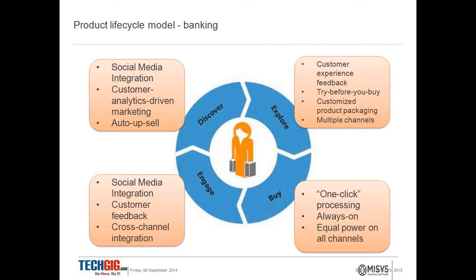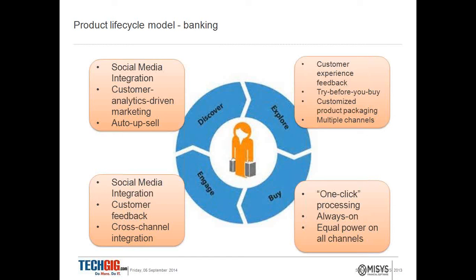For example, some of the products we are trying to build for our customers today at MySys allow you to make a buying decision on your phone, and I'm sure you would have done this in other industries. So you create a package for yourself on the phone saying, this is the kind of loan I want. I want this kind of payment period.